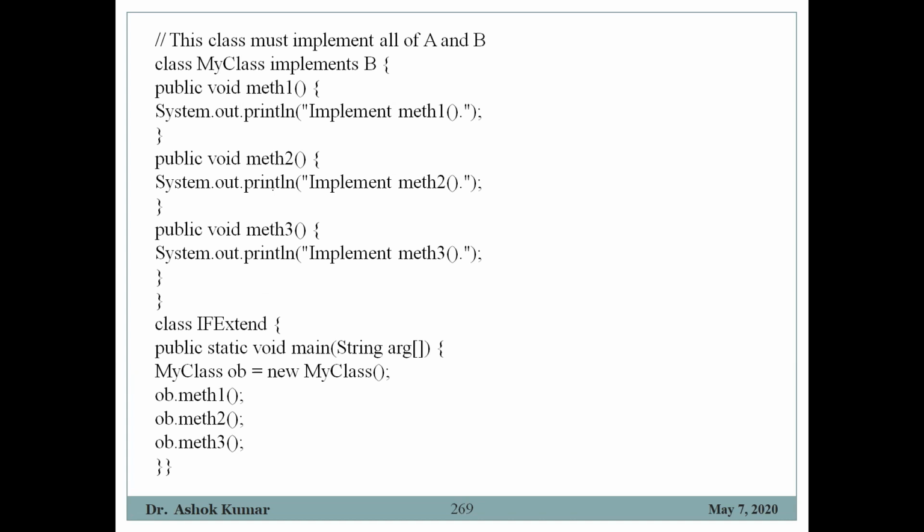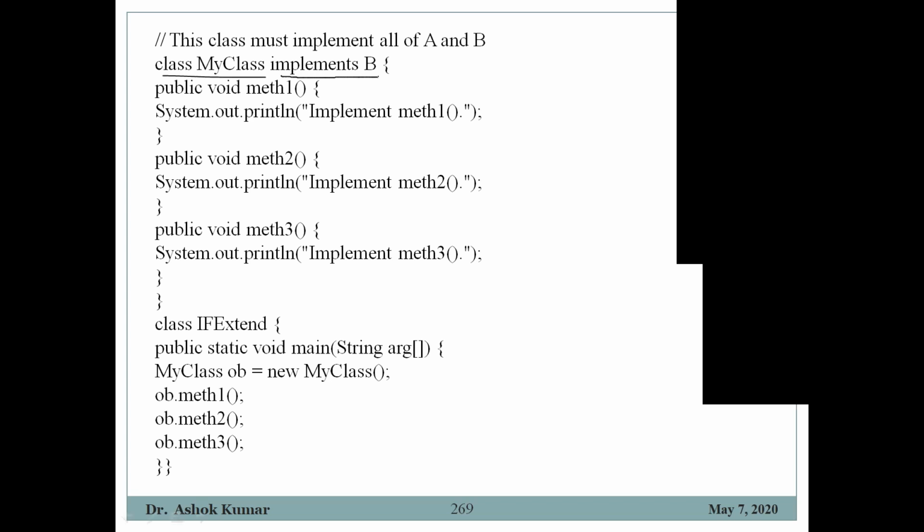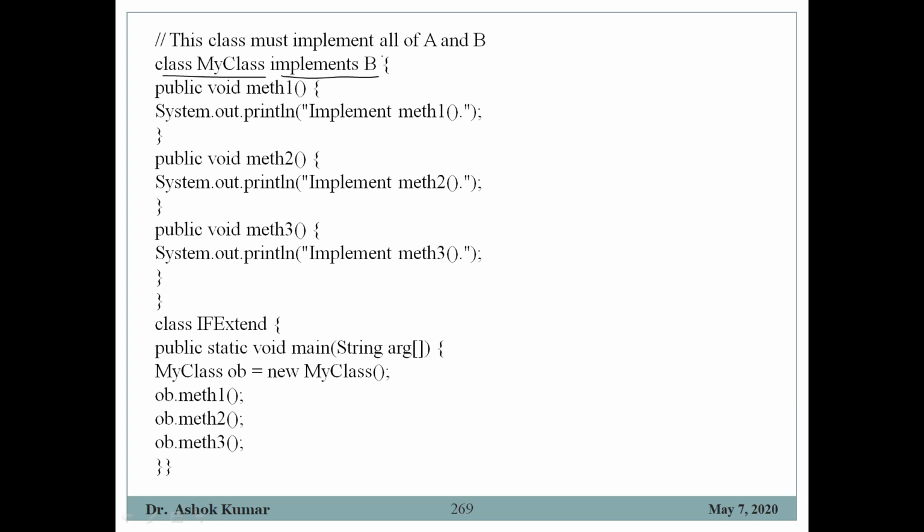So here is the example on extending the interfaces. We have a class, my class, implementing B. Because the B interface is extended from A, you have to implement or define all the methods that are in B and that are inherited from A as well.